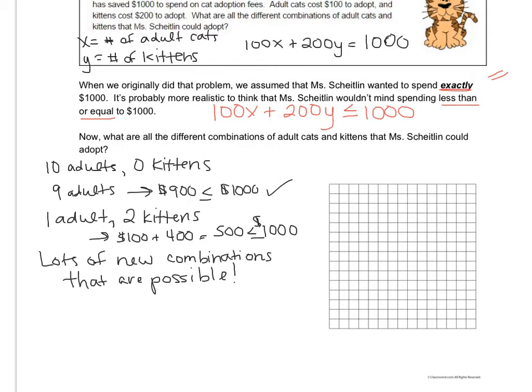Remember that x is the number of adult cats, and y is the number of kittens. I'm going to count by ones down here: 2, 4, 6, 8, 10. And then I'm going to space this out a little bit more.